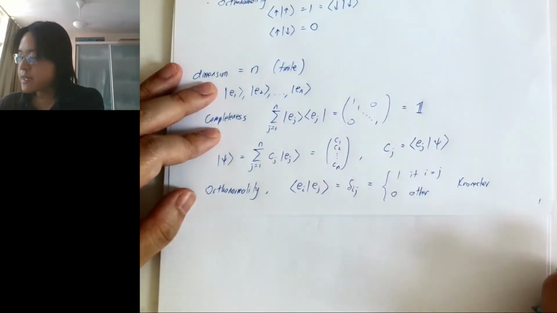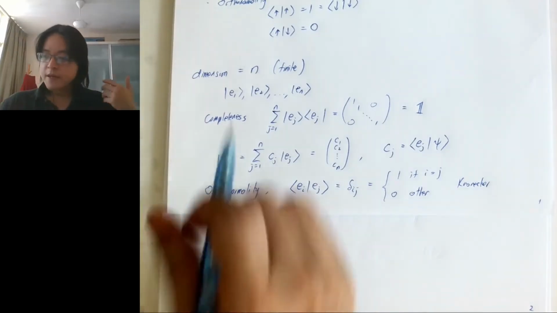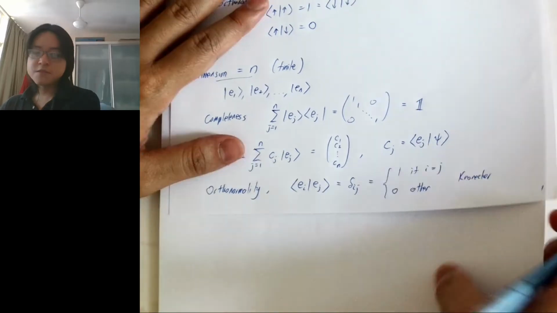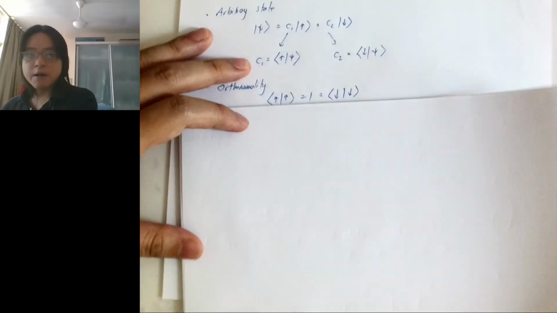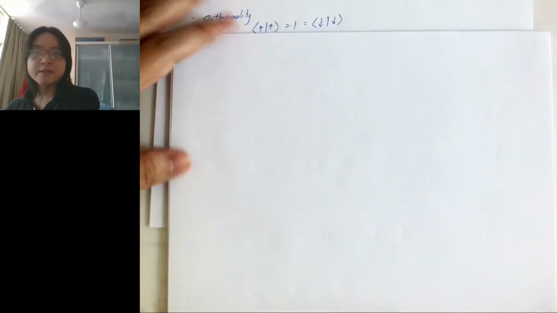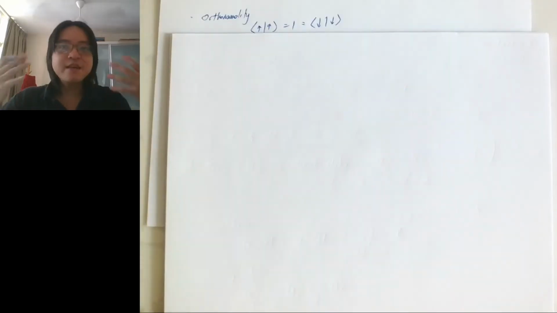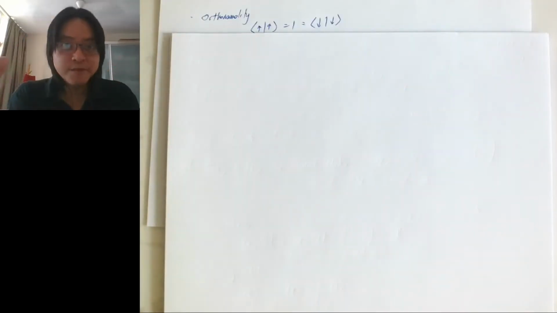So everything here is just a recap of when your Hilbert space has finite dimensions. So now let us go to infinite dimensional Hilbert space, because what we are going to talk about, right? Well, let us forget about the language of finite or infinite, but basically in physics what we want to measure is position, right?